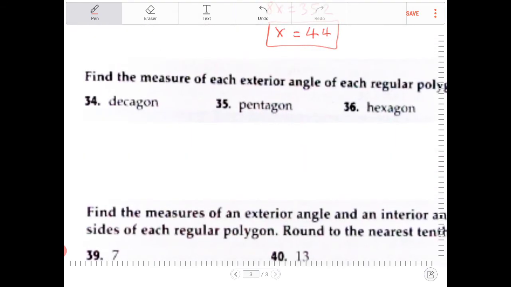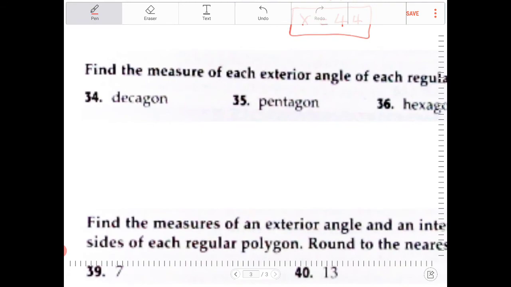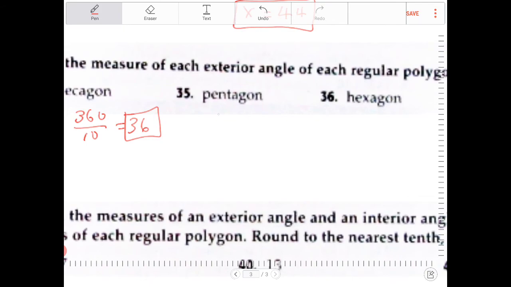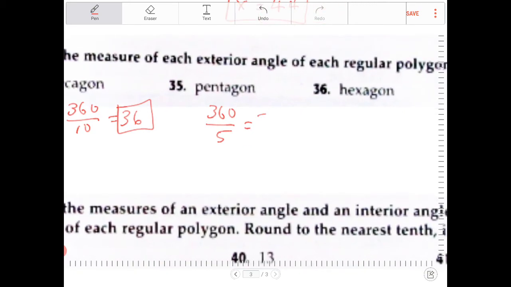Okay. Find a measure of each exterior angle of each regular polygon. Decagon, exterior angle. So it's going to be 360 divided by 10. It's 36. Pentagon, 360 divided by 5 is going to be 72.